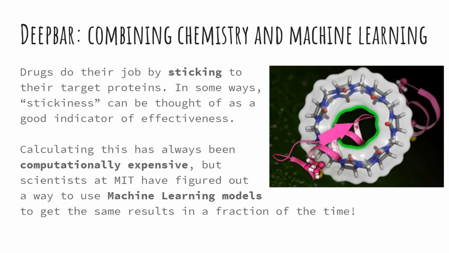So a group of MIT scientists have figured out a way to use machine learning models, and they are getting quite the same results in a fraction of the time, which has been really efficient and helpful. You can learn more about it by searching the keyword deep bar in Google.